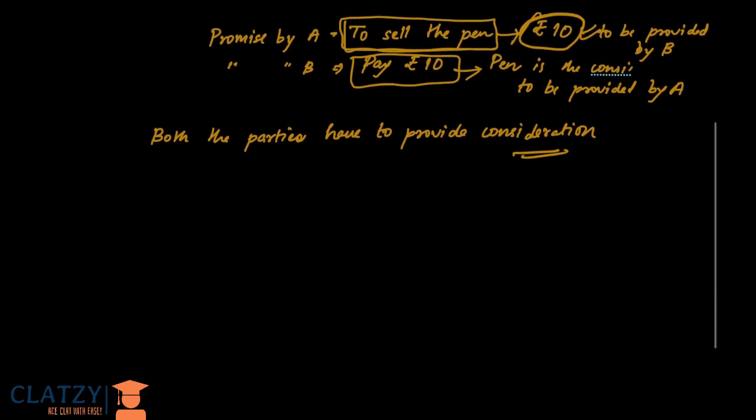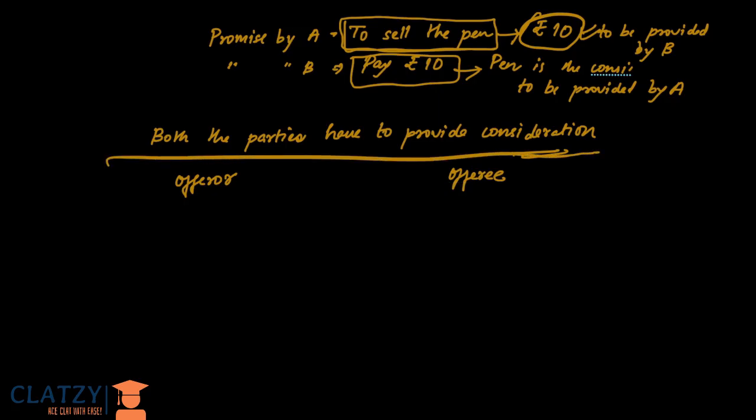Okay, now there could be two scenarios. One, let's say on one side we have offerer and on the other side we have the offeree. I just told you that both the sides have to provide consideration. What if consideration is provided by only one party?